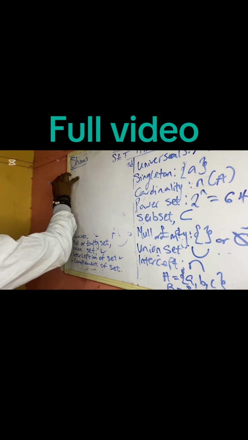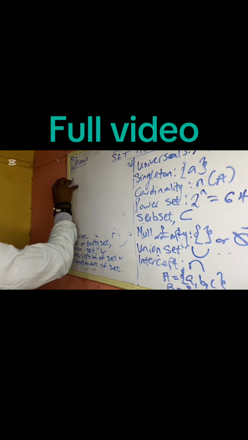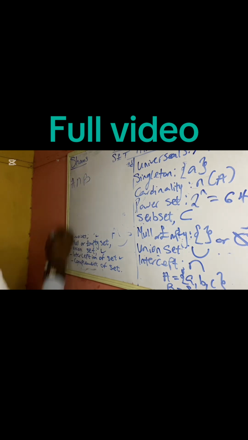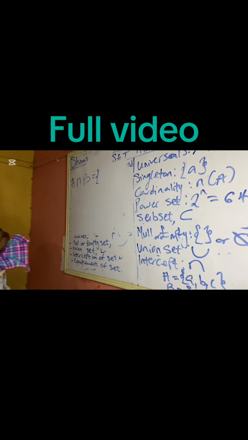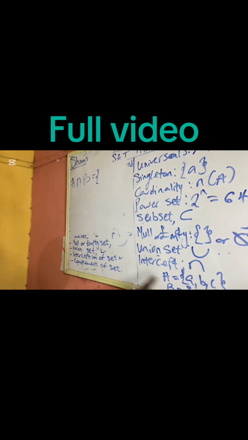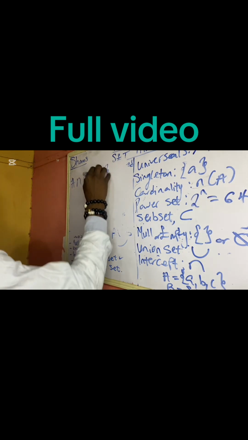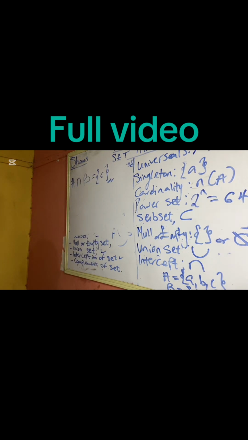That is, what is common between A and B? A is here, A is not here, so it's not common. B is here, B is not in set B, it's not common. C is in A and C is in B, so it is C. And that's the final answer for that.